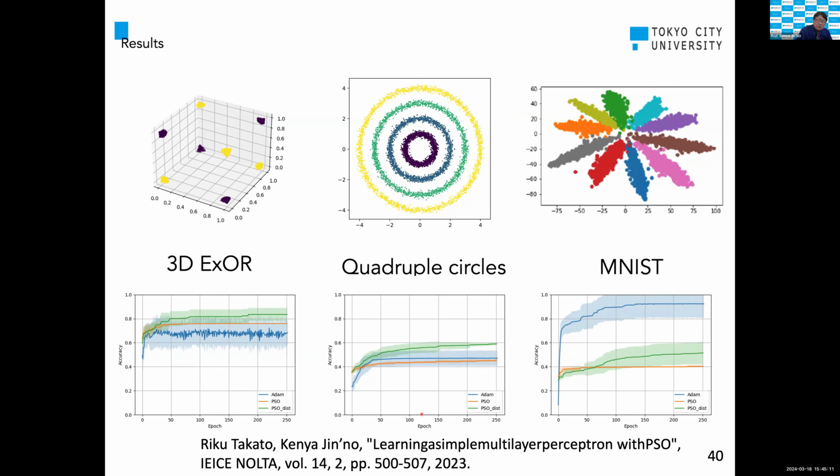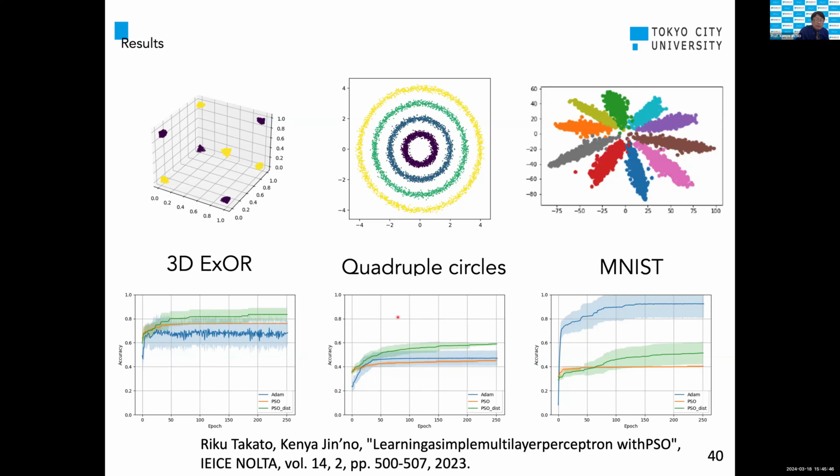According to these results, PSO showed better outcomes than the gradient method for the 3D XOR problem and quadruple circle problems. But the gradient method yields significantly better results for the latent MNIST data.